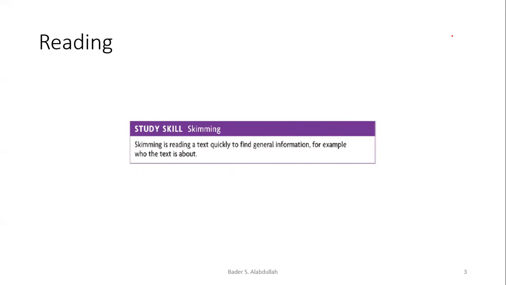Okay, how do you do skimming? You read the titles, you read the subtitles, you look at the photos or the pictures or the illustrations. If the text has some pictures or photos, you look at those. Okay, you don't read words one by one. You don't read word by word. That's called extensive reading. No, you just let your eye go on the surface of the text.